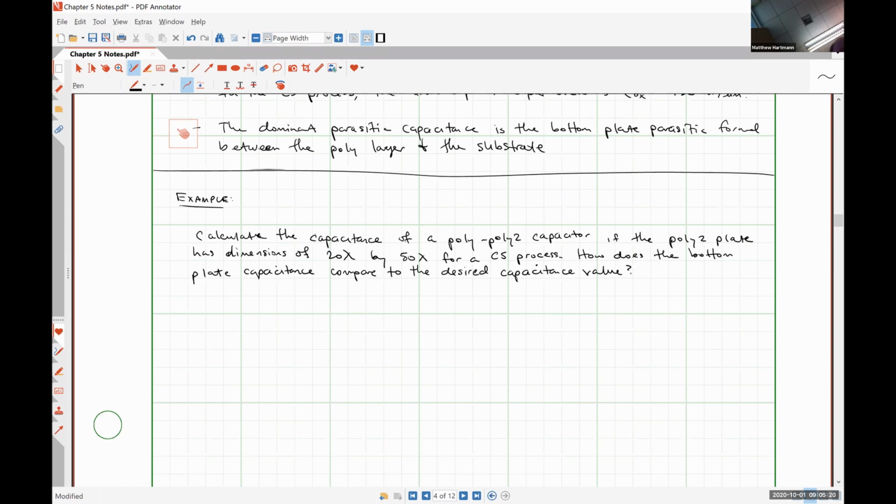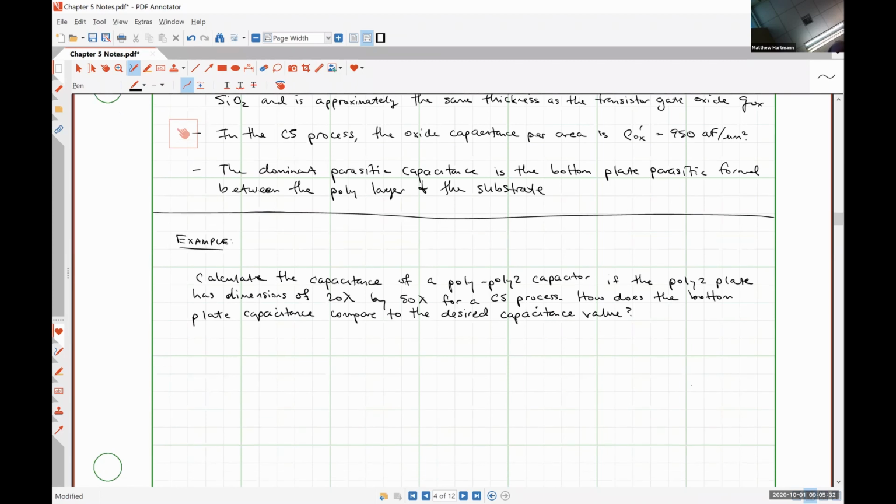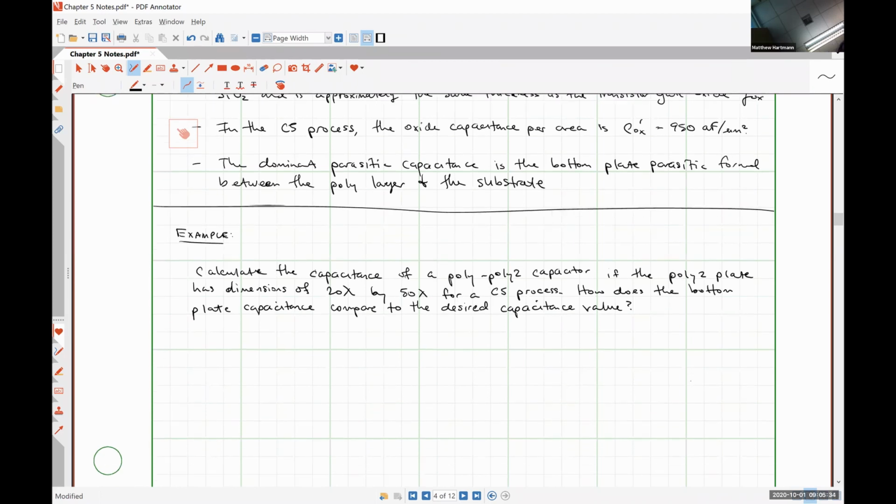All right, so the first thing that we could do is determine the poly 2 capacitance right now because we know the value of the oxide capacitance per unit area as well as effectively the area. But we don't quite have enough information to determine the poly to substrate capacitance because we don't know what the area of the bottom plate is.